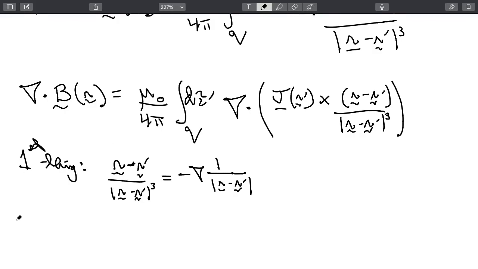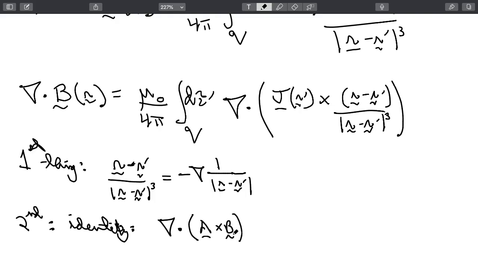The second thing, there's an identity that we can use. This identity gives us the divergence of a cross product. And this is again something that you're not expected to know by heart.